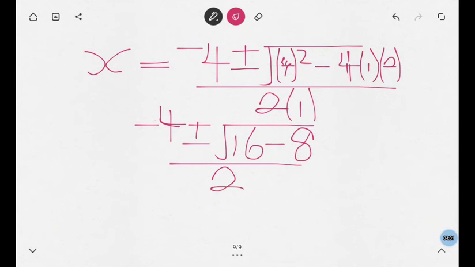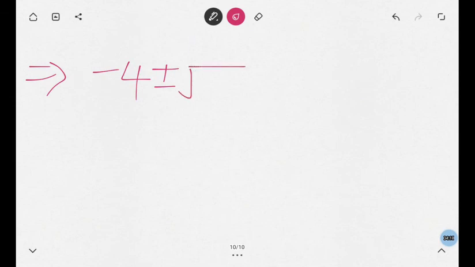Alright, so we further simplify this as minus 4 plus or minus the square root of 8, okay, sorry for the inconveniences. So square root of 8, and then this is over 2.